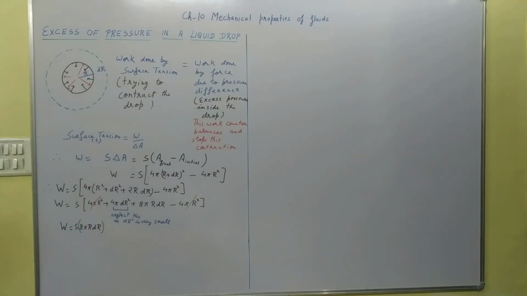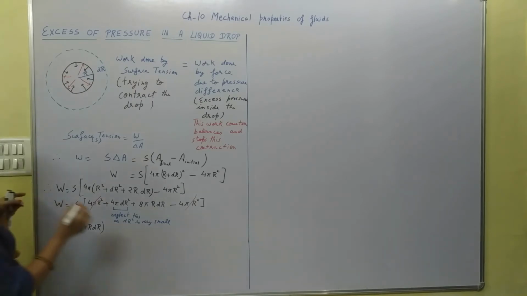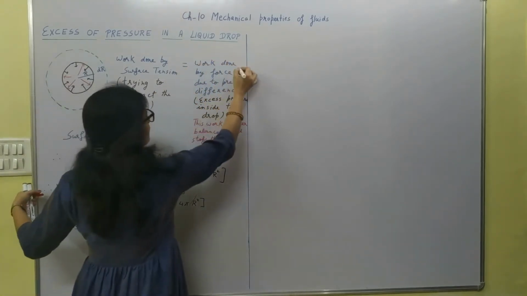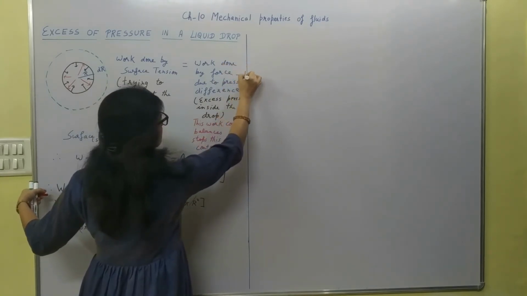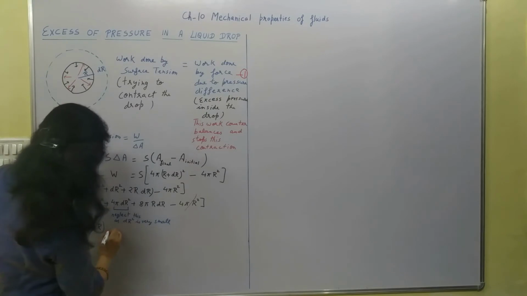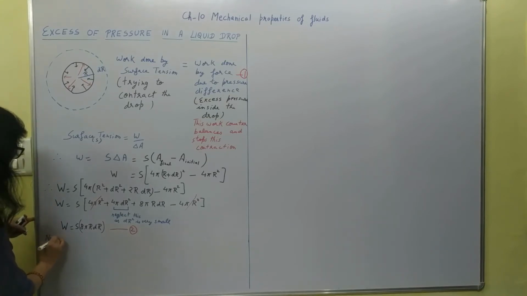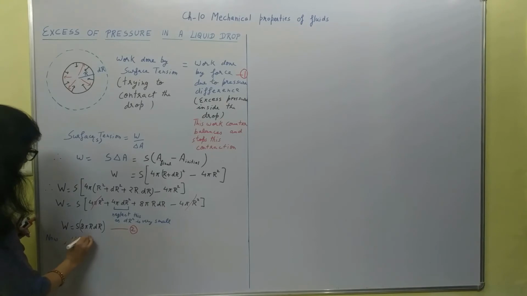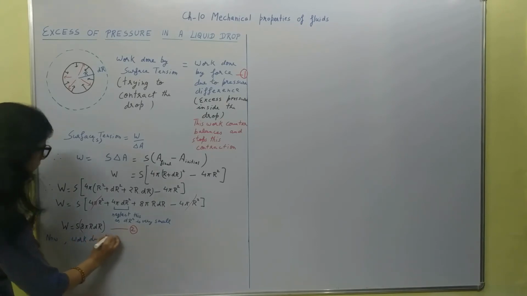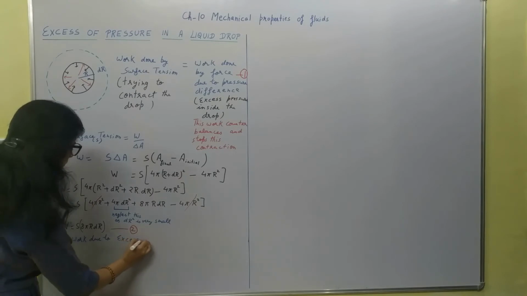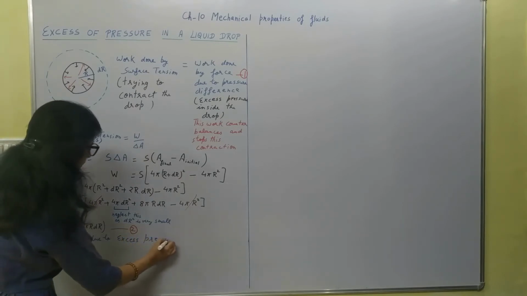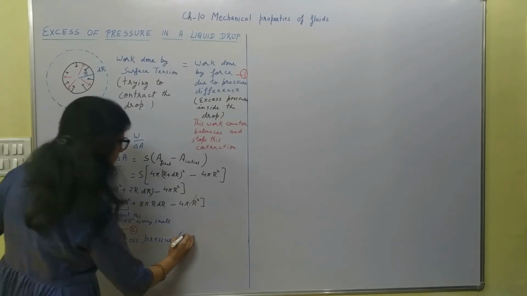Now we can mark this as equation 1, and this as equation 2, and we can write the work done due to excess pressure, or you can say pressure difference.